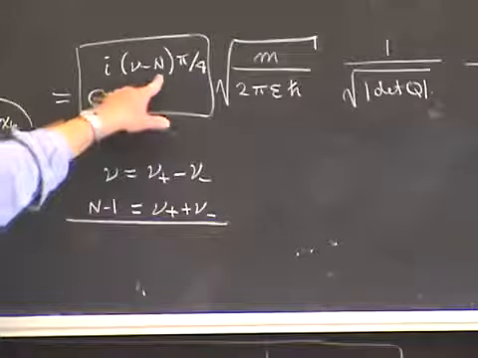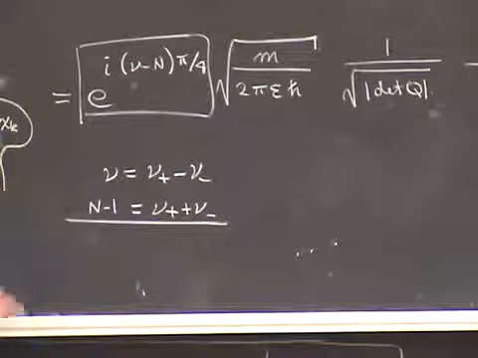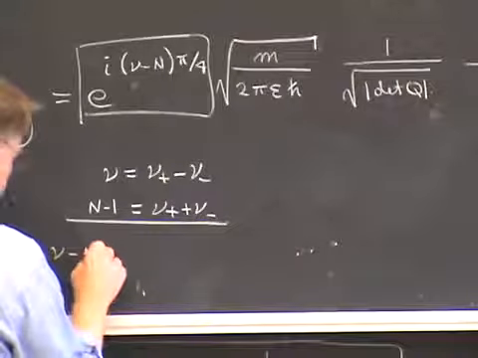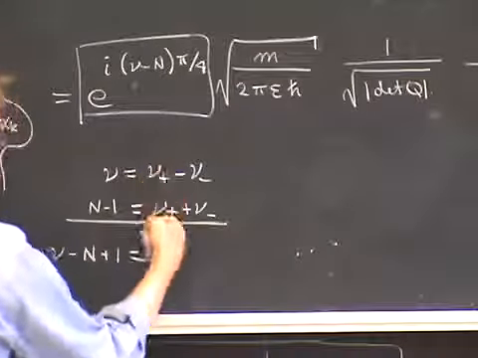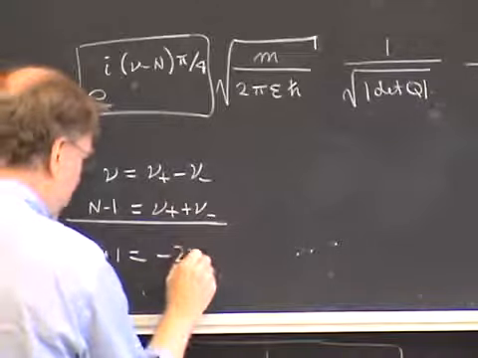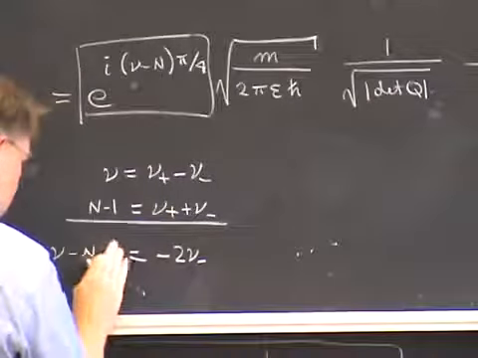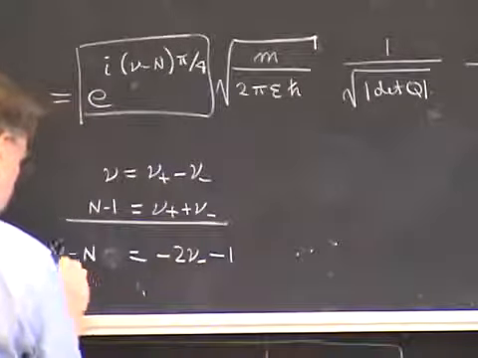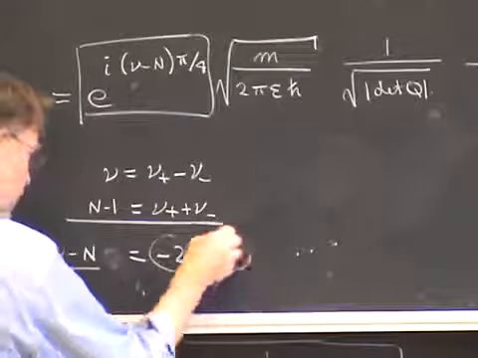So I want mu minus n, so let me subtract that from that, and I get mu minus n plus 1 is equal to, the mu pluses cancel, minus twice mu minus. Or, if you allow me to bring that 1 over here, mu minus n is minus twice mu minus minus 1.